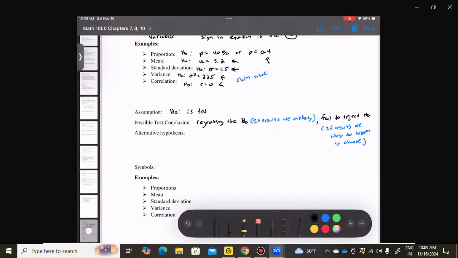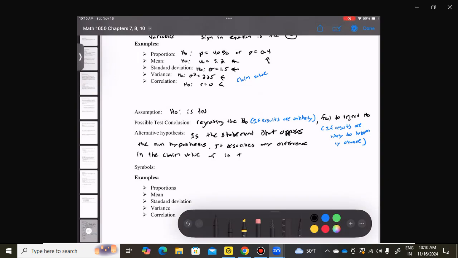Right? So the alternate is the statement that opposes the null hypothesis. It describes any difference in the claim value or in the relationship.